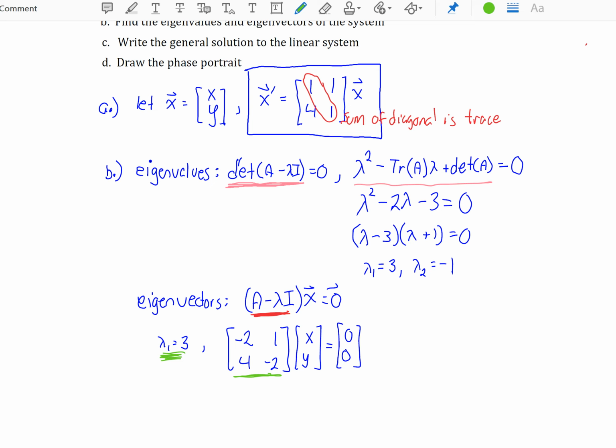And what we're looking for is a non-trivial vector x that produces the 0 vector. By inspection, I notice, what if we do 1 of the first column and 2 of the second column? If you do 1 times the first column and 2 times the second column, this will give you the 0 vector.